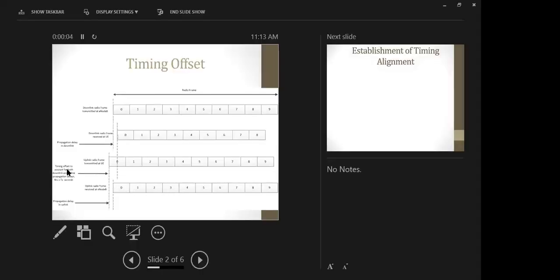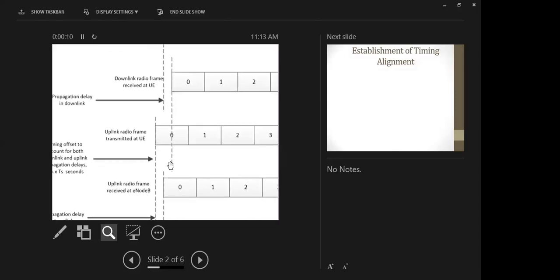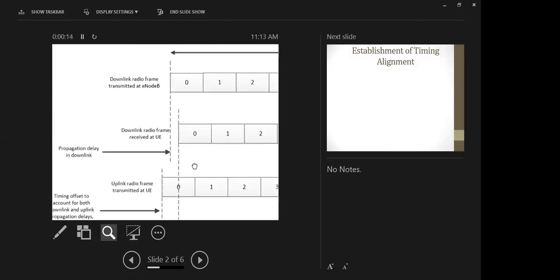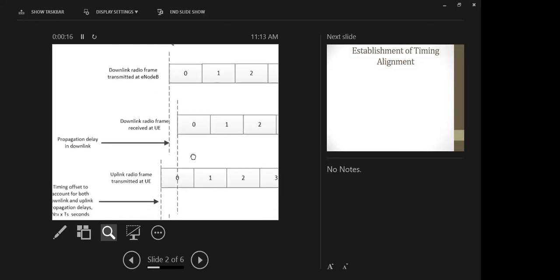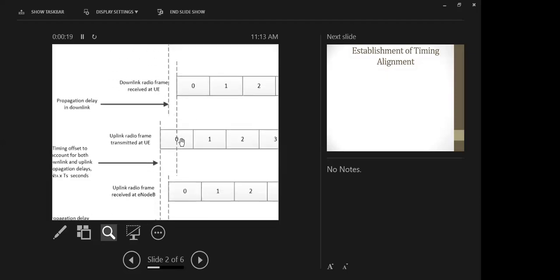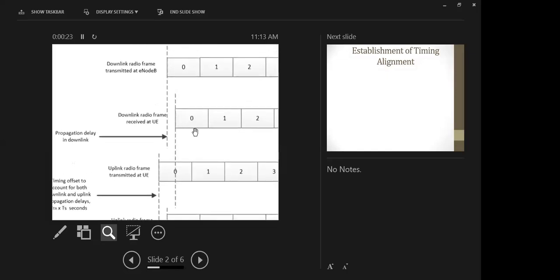The timing offset is a command from the eNodeB to indicate the amount of difference between the reception at the eNodeB and the transmission at the EV end.